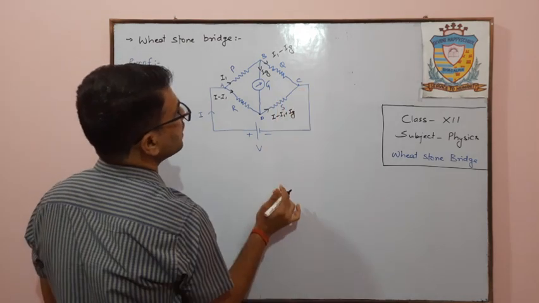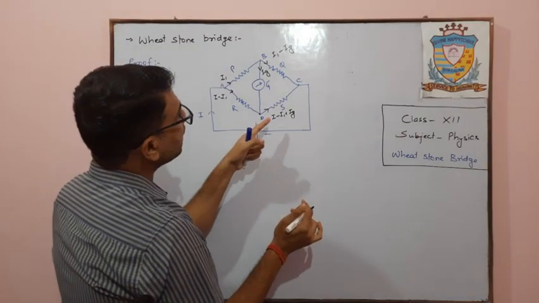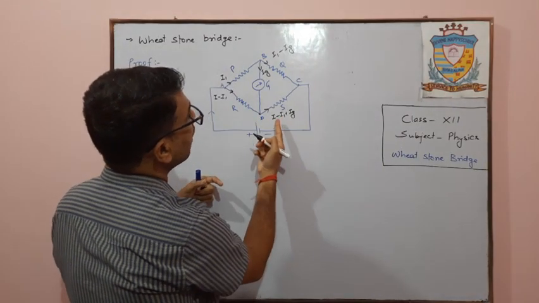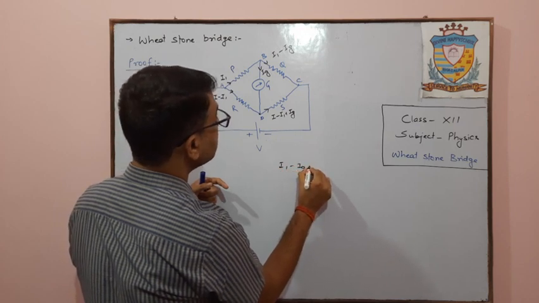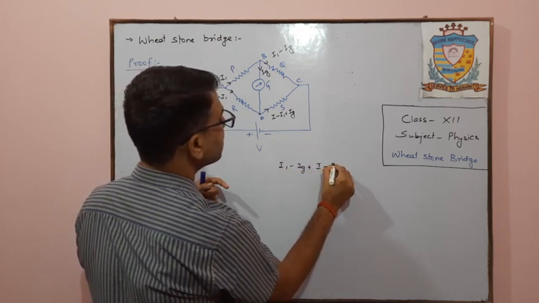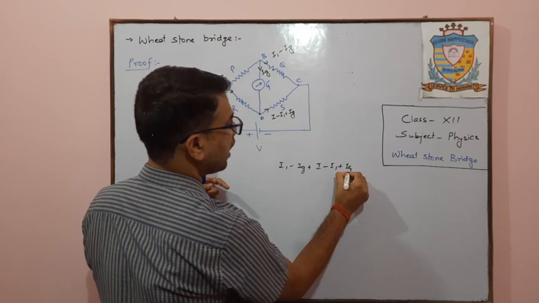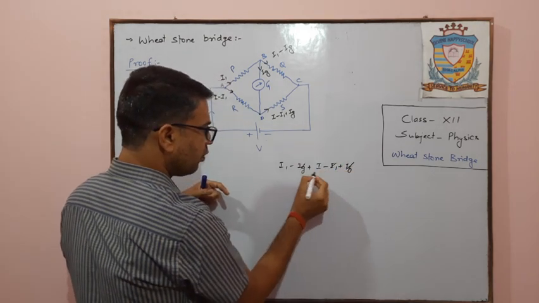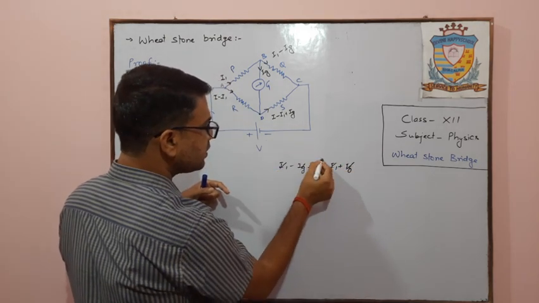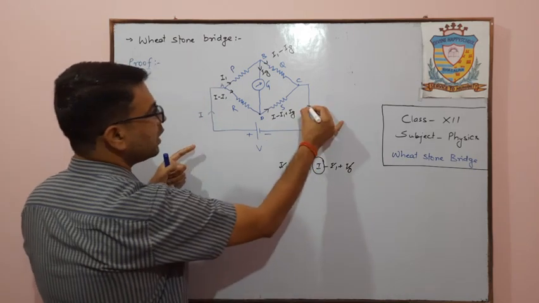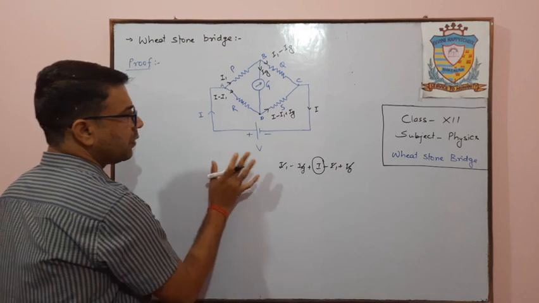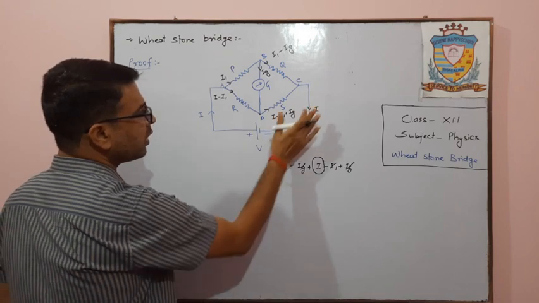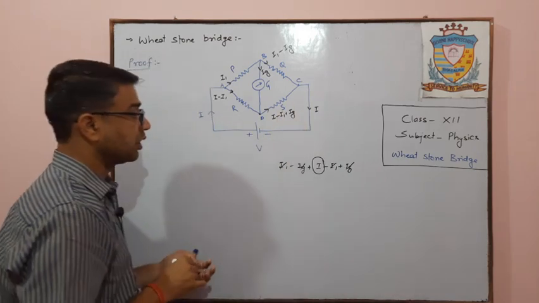At junction C, the incoming current is I1 minus Ig plus I minus I1 plus Ig. If we solve it, we get I. So the total current leaving here is I. For the battery, I current is outgoing and I current is incoming.